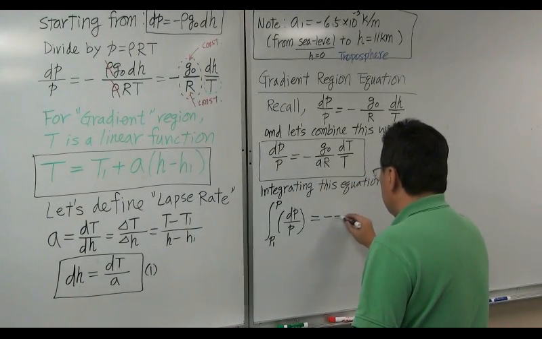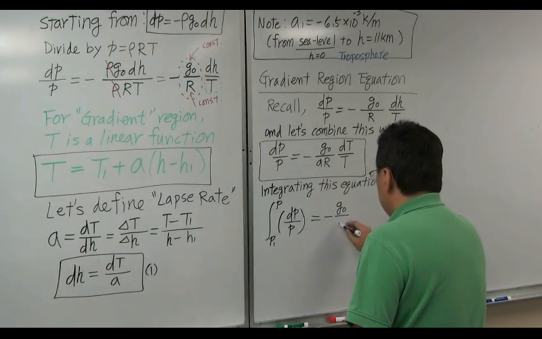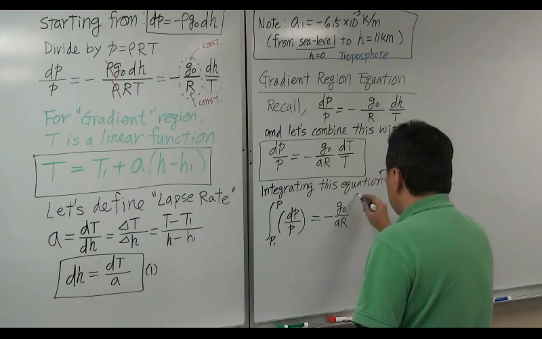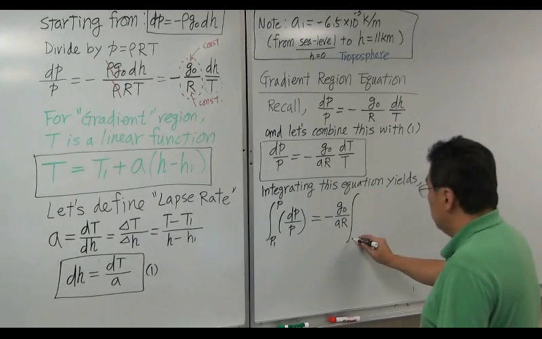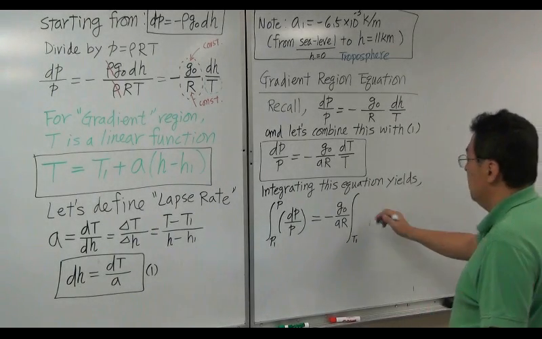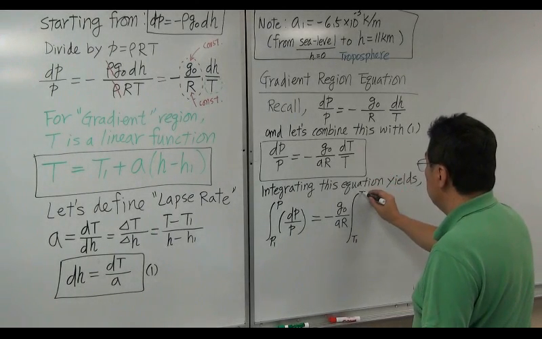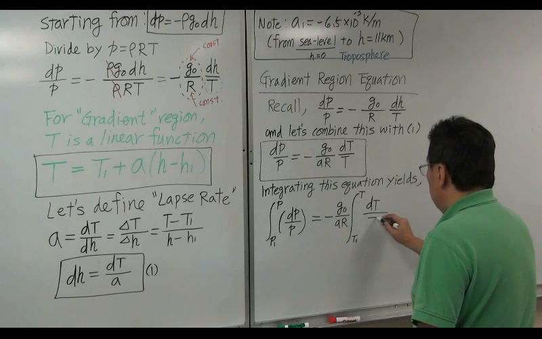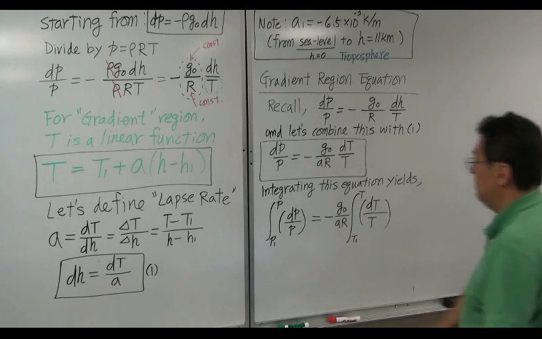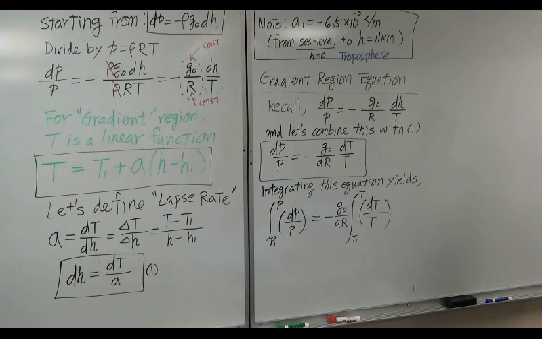So this is minus G0 over aR, integral from altitude h1, where the temperature is T1, we know that value, at altitude h, temperature is T, unknown temperature, dT over T. Okay?